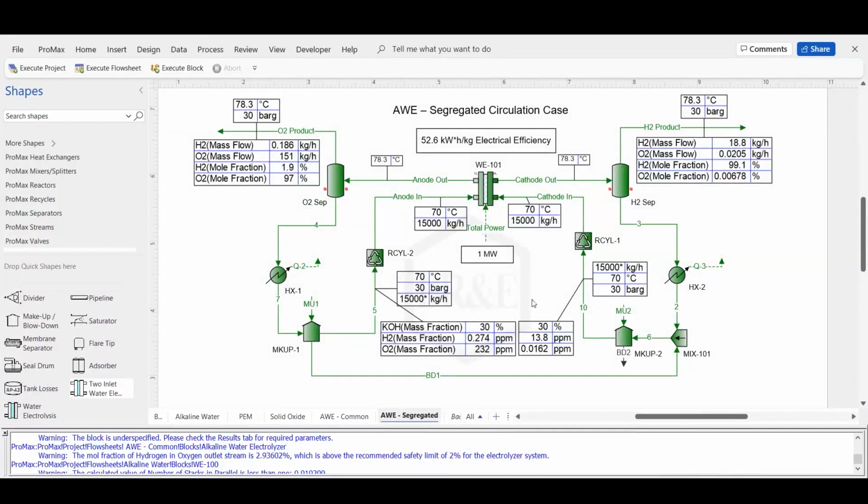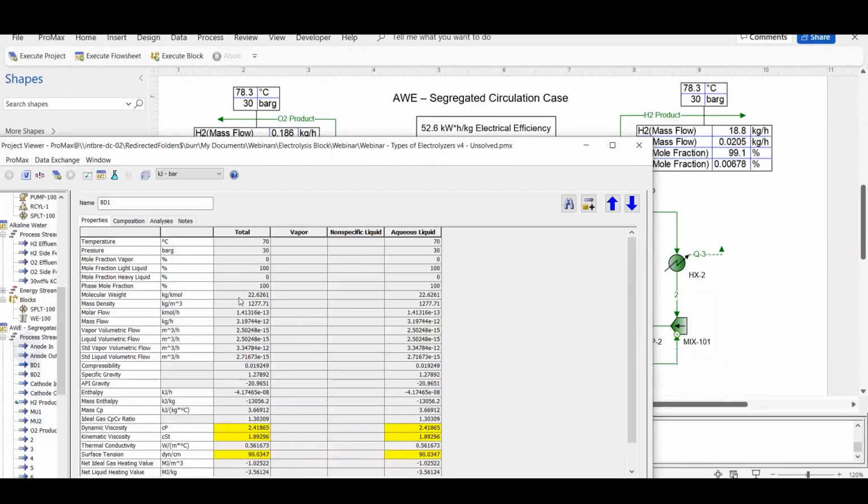You might see what happens if we segregate the flows and we keep the condensed water from the hydrogen separator in its own segregated circulation stream, and we keep the condensed water from the oxygen side in its own, and we have just this very small stream that connects these two, very small flow rate, 3 times 10 to the minus 12 kilograms per hour.